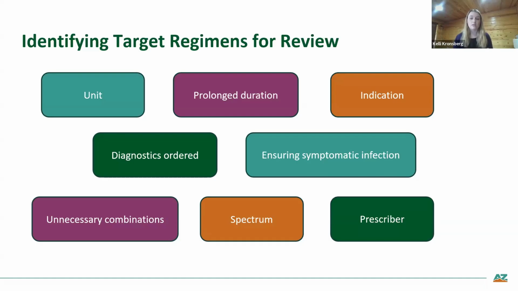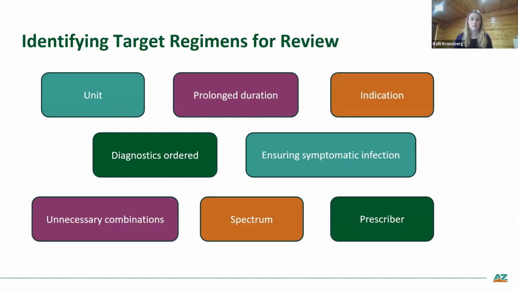And also along the lines of a urinary tract infection, we want to ensure symptomatic infections for any of our non-sterile cultures. So that could be another thing to look at. So it could be urine, skin or wound, respiratory tract, ensuring that there's that clinical syndrome that warrants treatment.